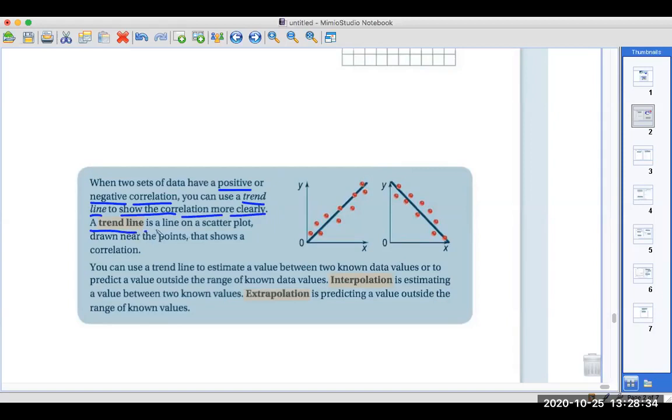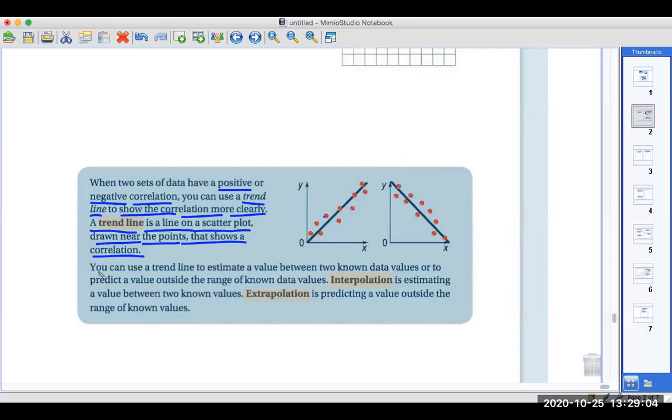A trend line is a line on the scatter plot drawn near the points that show a correlation. So when you make the trend line, you have to decide which line fits it the best. You want to get most points as close as possible to the trend line, if not on the trend line. So that's what we're practicing next.